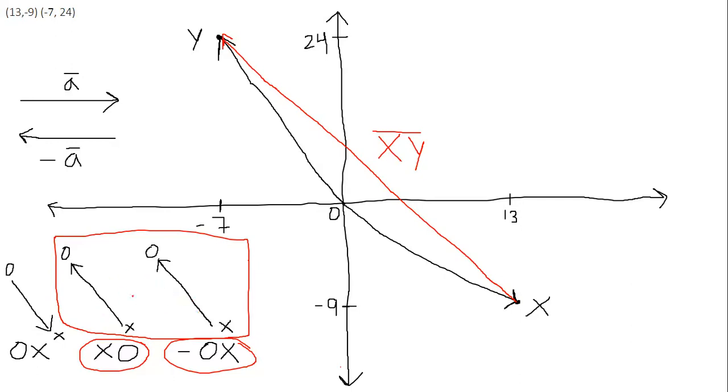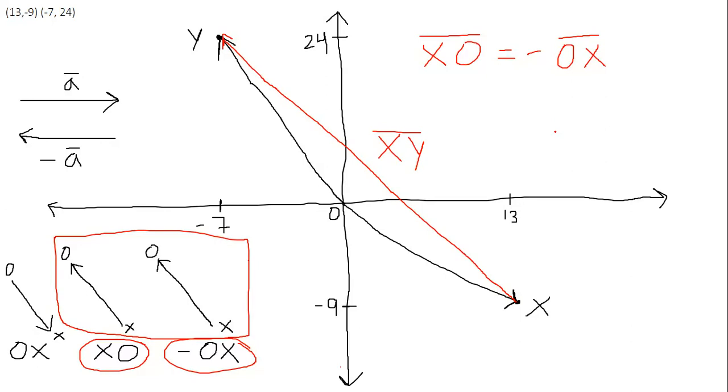I did that because I want you to know that the vector XO is really negative OX in disguise.